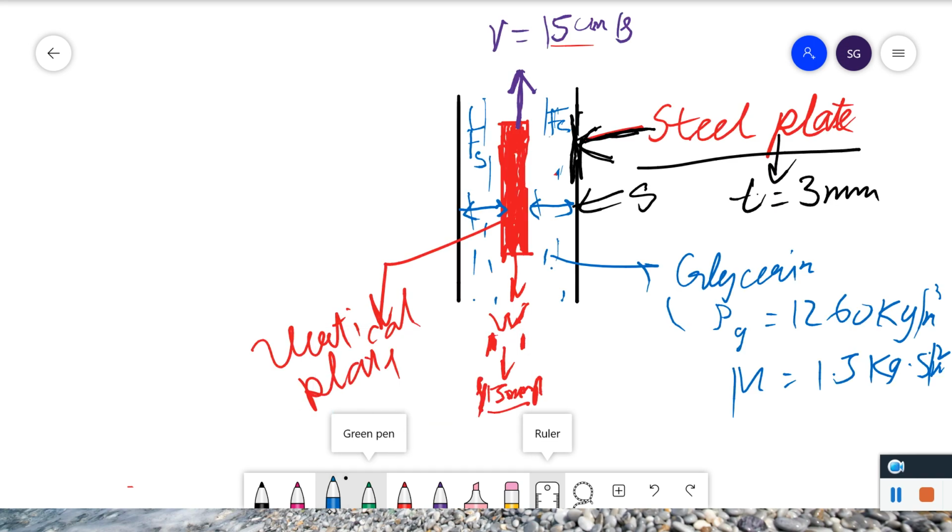Since it is going upwards, as you can see it is moving upwards with 15, Fs will act in the downward direction, and this is the weight. One more thing comes into play that we will talk about later, but let's start with this question.